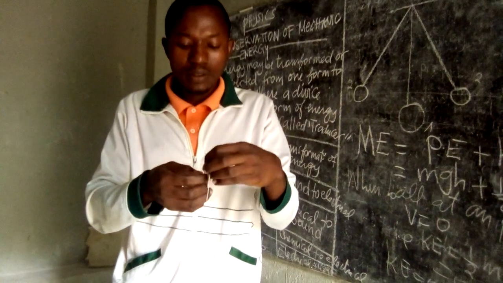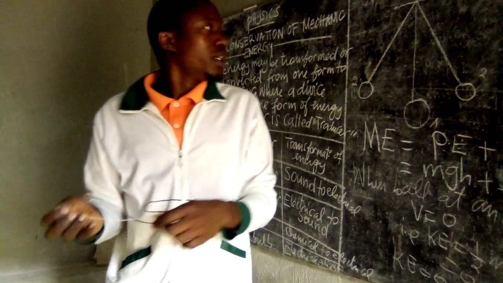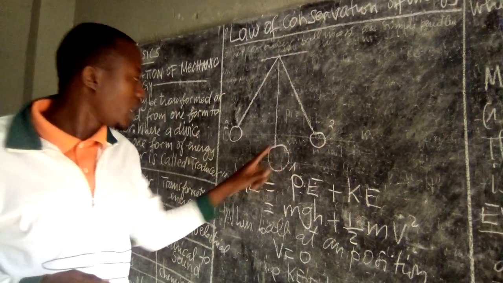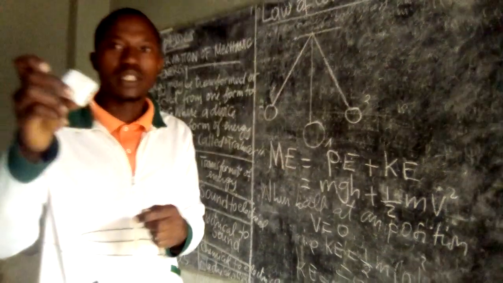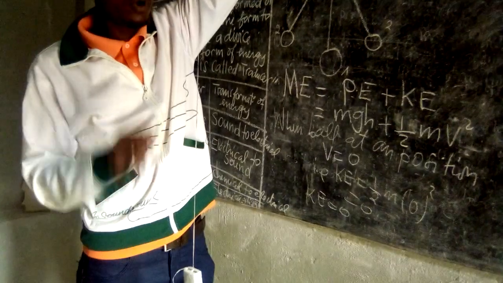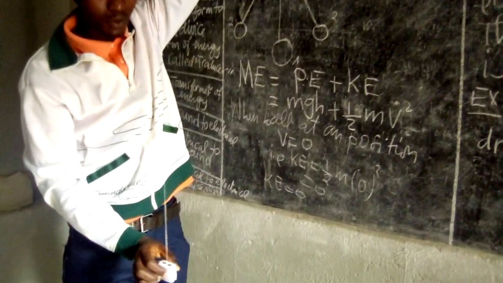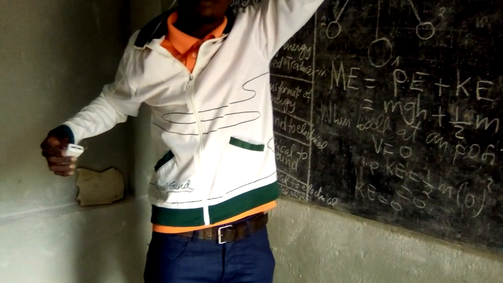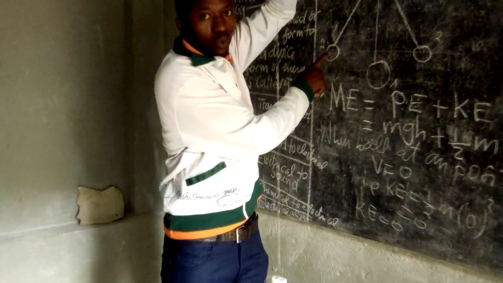This figure shows a bob and a string. When the bob and string are like this, it moves from here up to this one, and another position is like this, where the bob at any position is number 2.